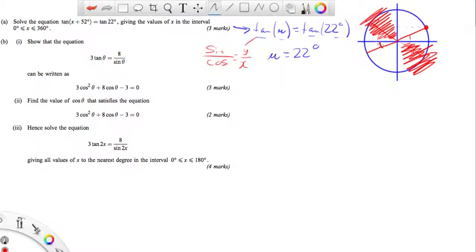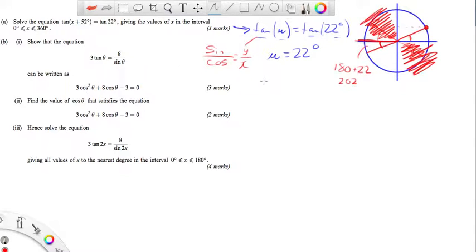So that means that we're going to be looking at this angle right here. And if we call this 22 degrees, this is also going to be 22 degrees, but we're adding this on to this 180 degree mark. So in here, this is 180 degrees plus 22, which is 202 degrees.